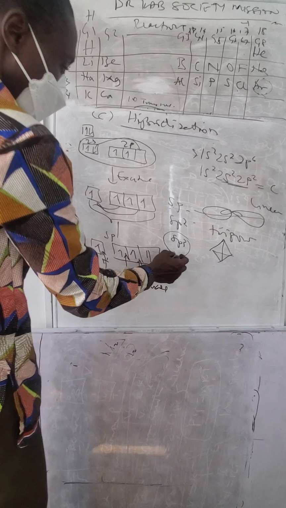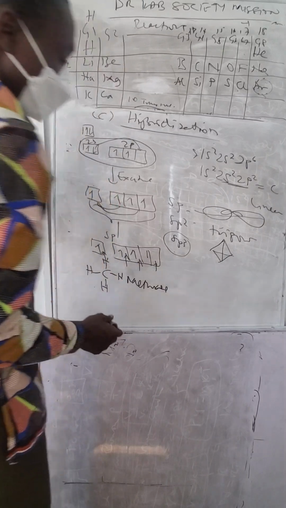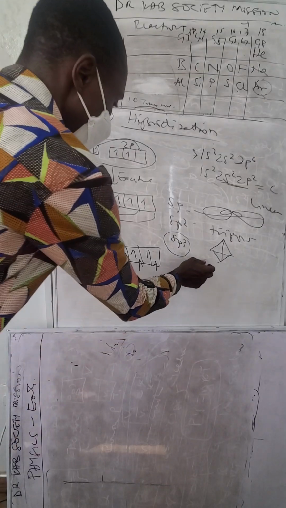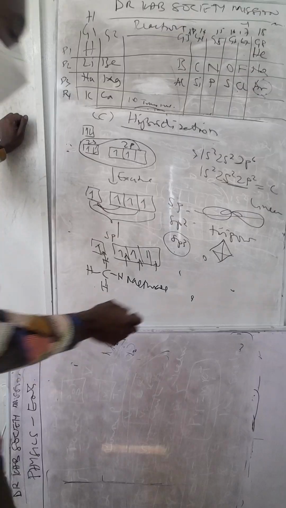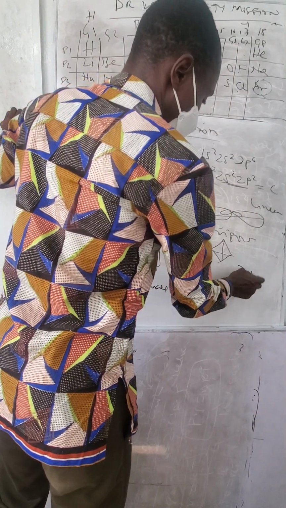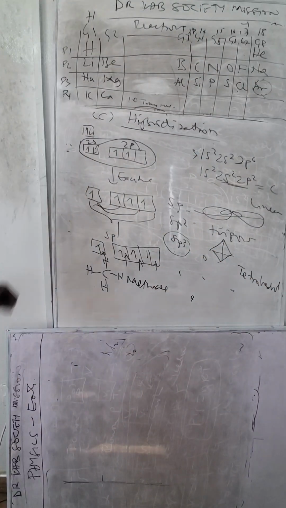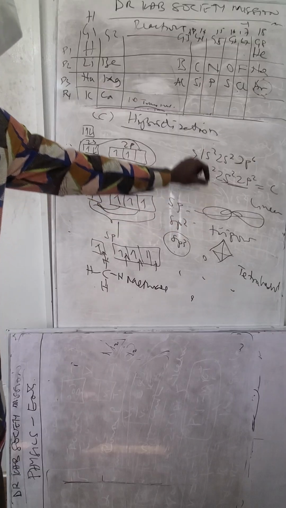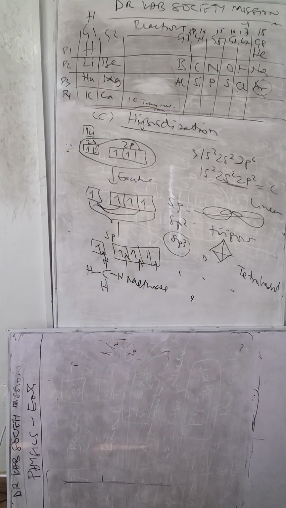So that will be trigonal. Now sp3 will have 4 bonds, and that will be the kind of bond we call tetrahedral. So this will be trigonal planar, this will be linear, and this will be tetrahedral.